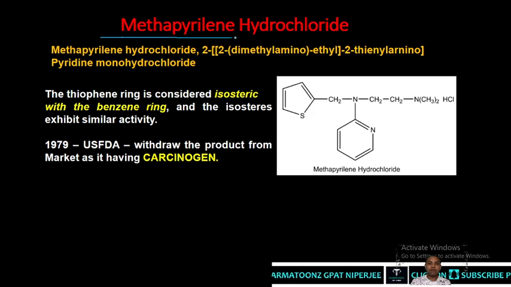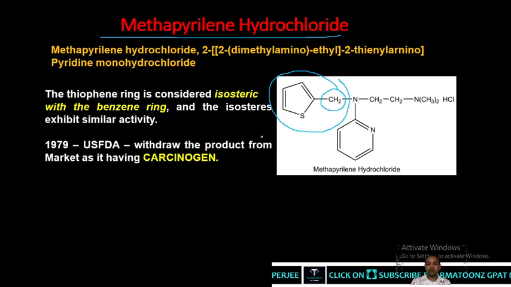Next is methapyrilene hydrochloride. In methapyrilene hydrochloride, instead of the benzyl group, a thiophene group is attached with the methylene group. So let us see the IUPAC nomenclature. Again, this is the second position, this is again the second position.